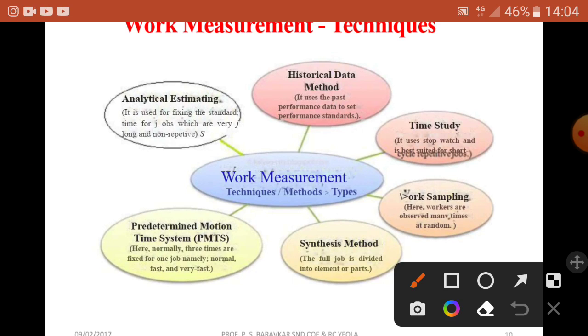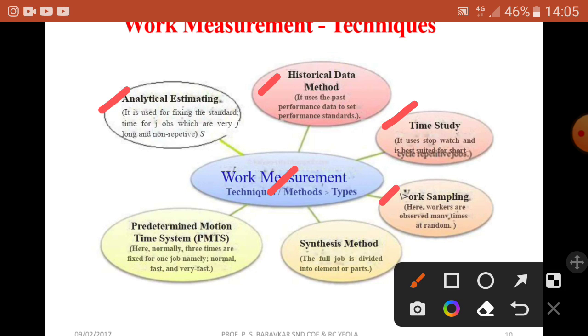Analytical estimation is used for fixing the standard time for a job which is very long and non-repetitive. The next one is the historical data method, which uses past performance data to set performance standards. Next is time study, which uses a stopwatch and is best suited for short jobs.